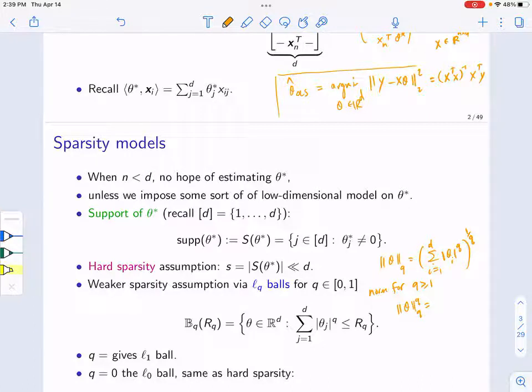Can we solve the minimization problem? Minimizing an affine combination of X values, like c transpose X? X is a matrix though, right?